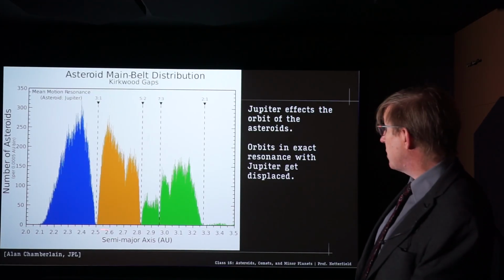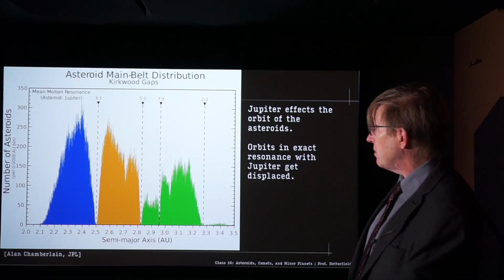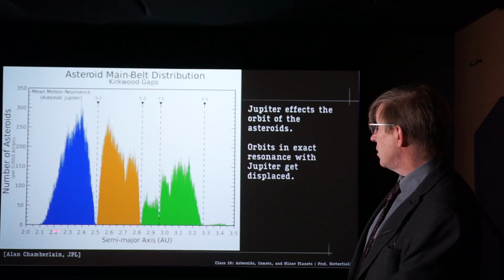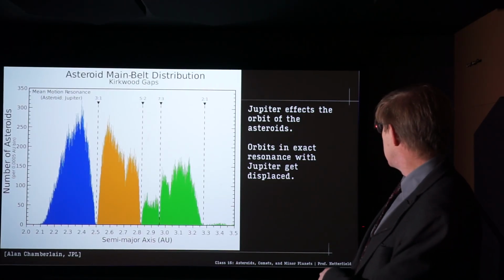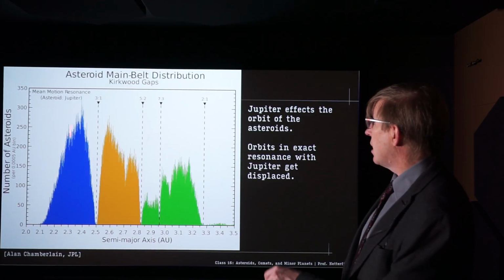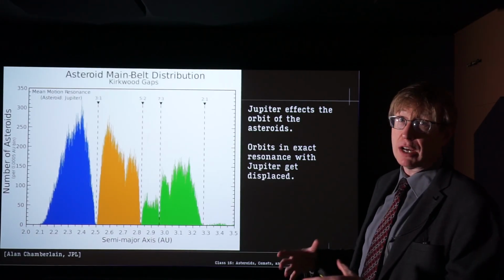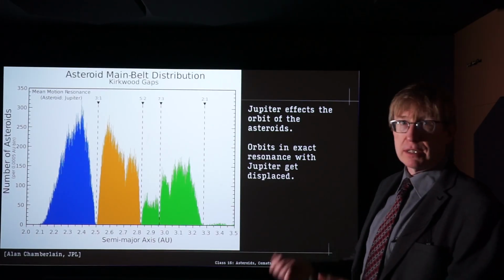On this axis, we have the semi-major axis in AU, so the sun would be off in this direction, and the Earth would be at 1. So this is 2, and Jupiter's out in this direction. This is the number of asteroids that live at this distance in terms of the semi-major axis. It's not where they are right now, but this is the semi-major axis.